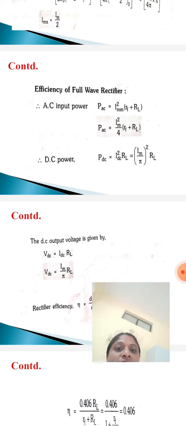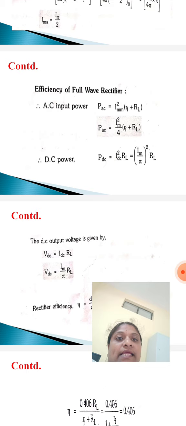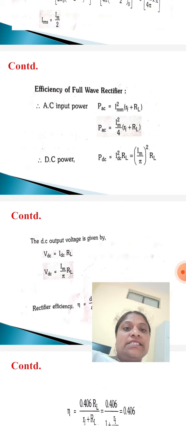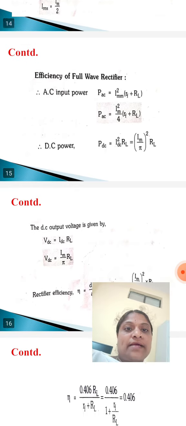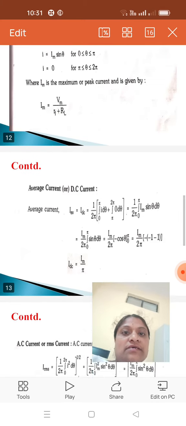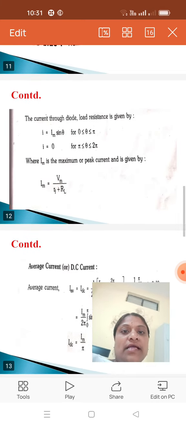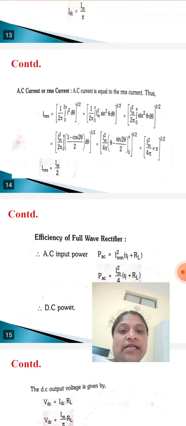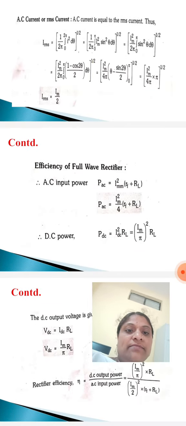AC input power, PAC is equal to Im square of RF plus RL. Therefore PAC is equal to, IRMS is equal to Im by 2, Im by 2 whole square, Im square by 4 of RF plus RL.